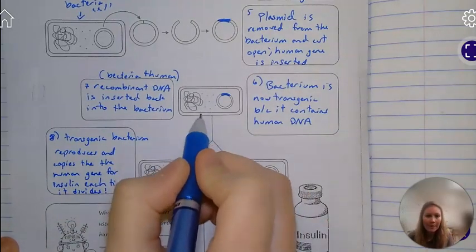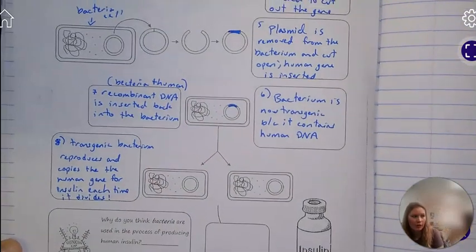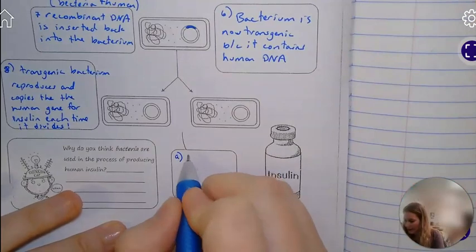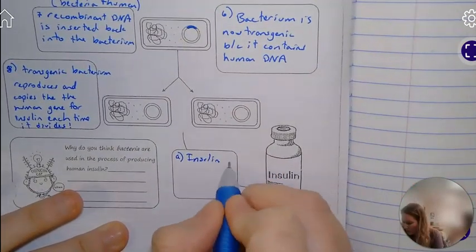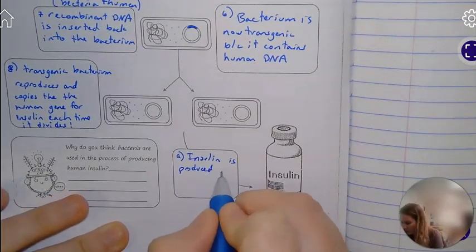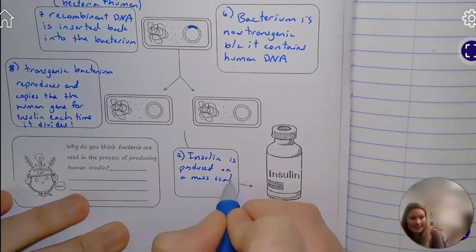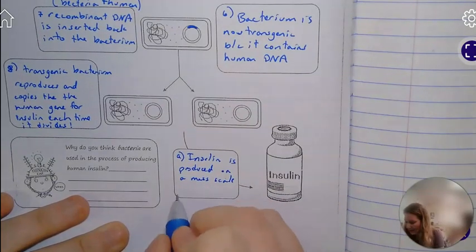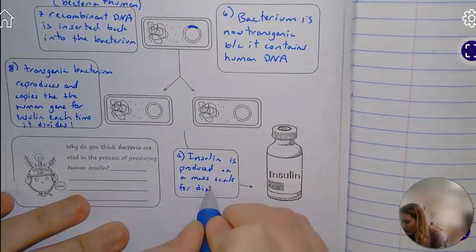So we go from having 1 bacteria to 2, 2 to 4, 4 to 8, so on and so forth. And so our end product is insulin. So insulin is produced on a mass scale for people with diabetes, so for diabetics.